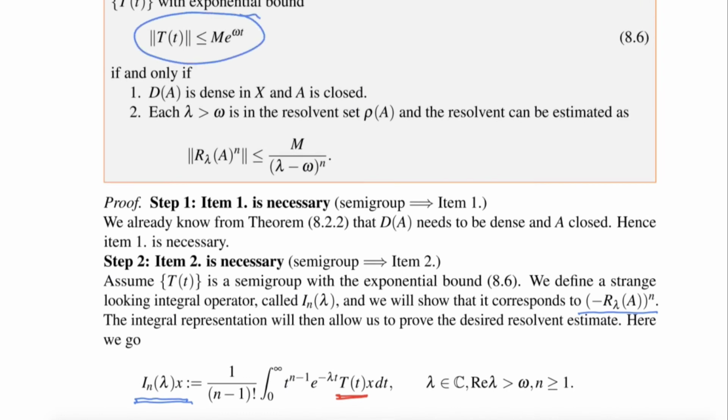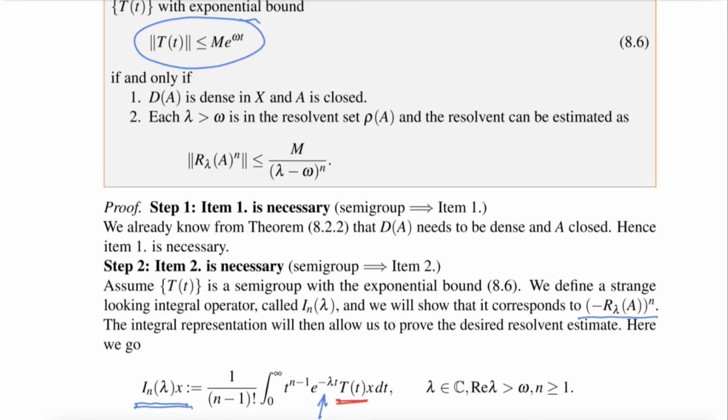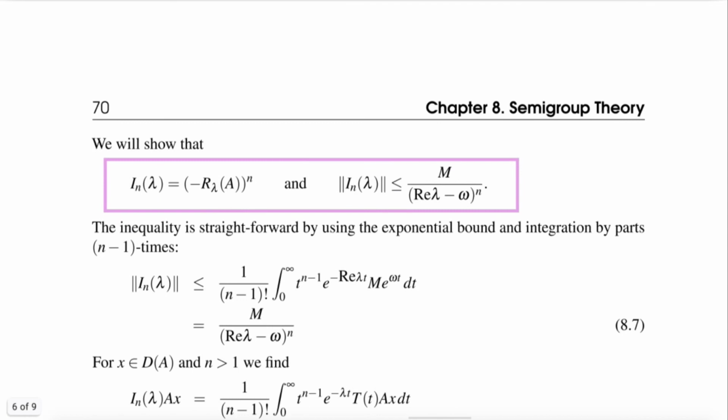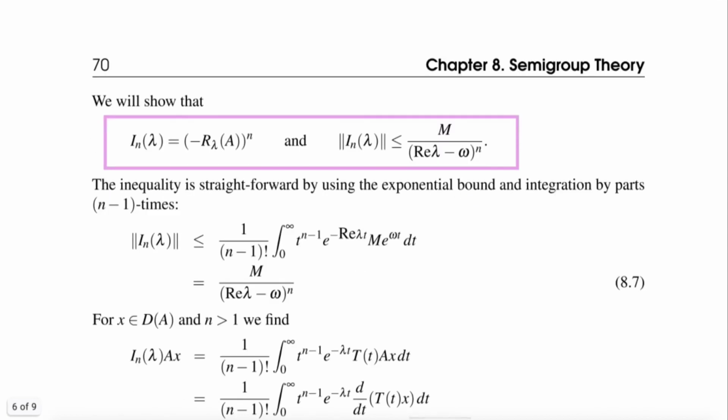And for T(t), we also have this estimate. So if I take the norm of this entire thing, I can estimate the T term by M e to the omega t. And the lambda term, lambda can be complex, so the absolute value I can estimate by the real part of lambda. Okay, so that's the estimate I did.